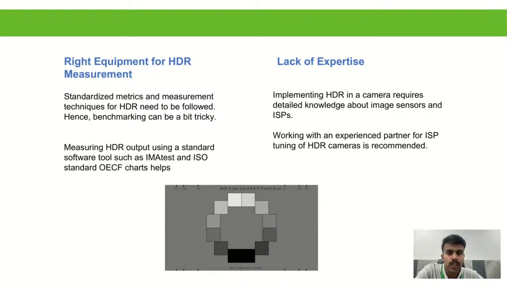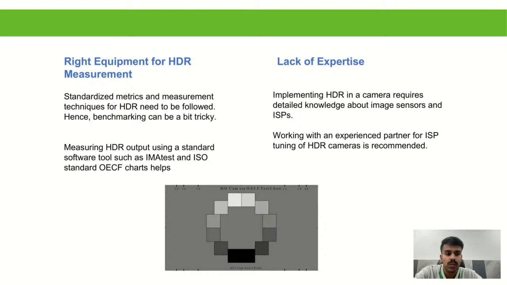Again, for ISP tuning, there is a lot of specific equipment that is needed. It is not always easy to measure the amount of dynamic range in the scene. So having a standardized method for measuring the dynamic range in a scene and tuning the sensor as well as ISP for that can be really helpful.